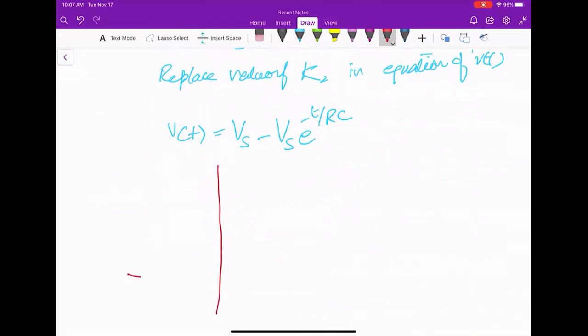Okay. Now, if you plot this voltage here, let's see. This is t equals 0, and this is, let's say, t equals infinity. So at t equals 0, what will be the value here? 0, right? And at t equals infinity, what will be the value?